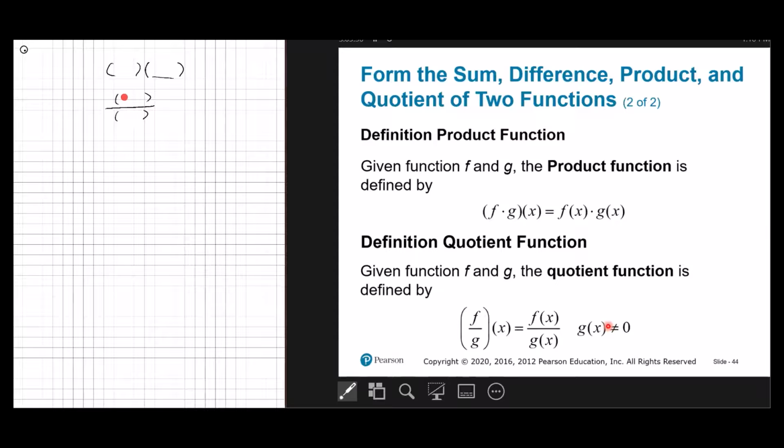But I'm just using them to say that this is the expression for the f function, the expression for the g function, and then you say that g of x cannot be 0. And then you just simplify this fraction if you can.